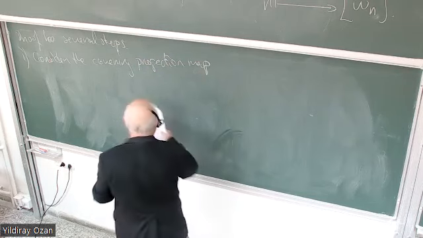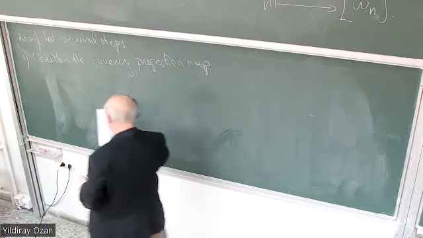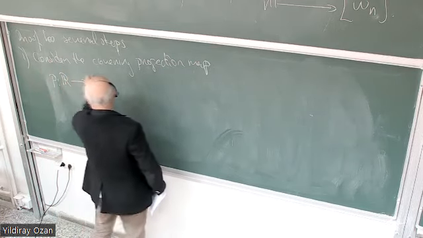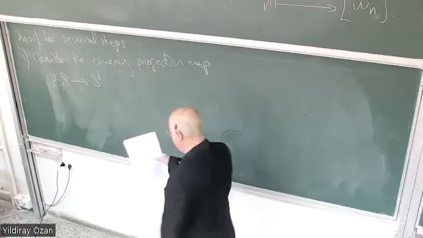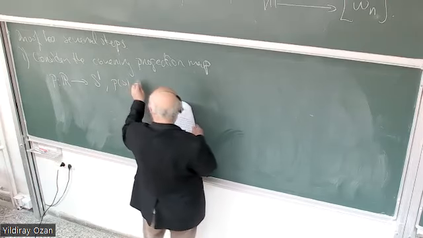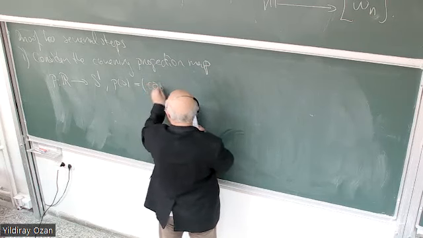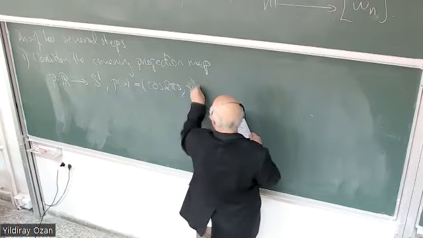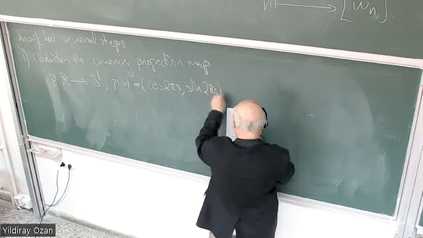We have discussed this map previously. So this is the covering projection from the set of real numbers to the circle. And it is just this one, (cosine 2 pi s, sine 2 pi s).